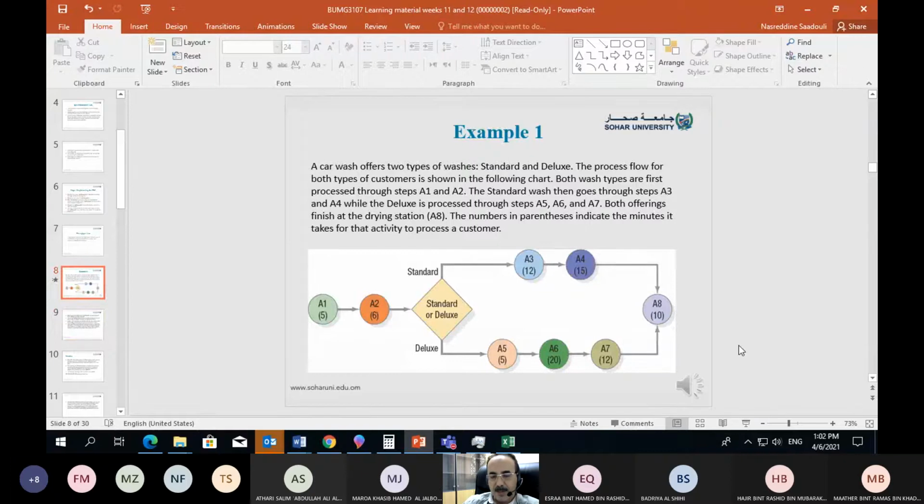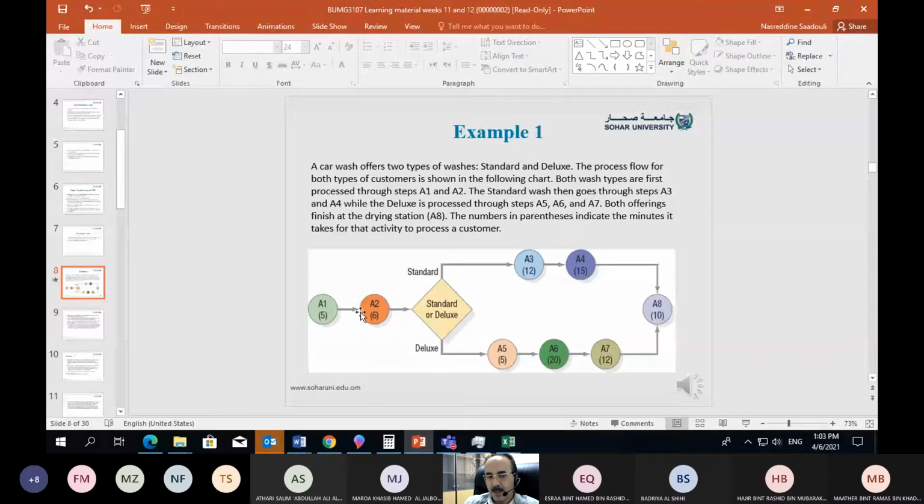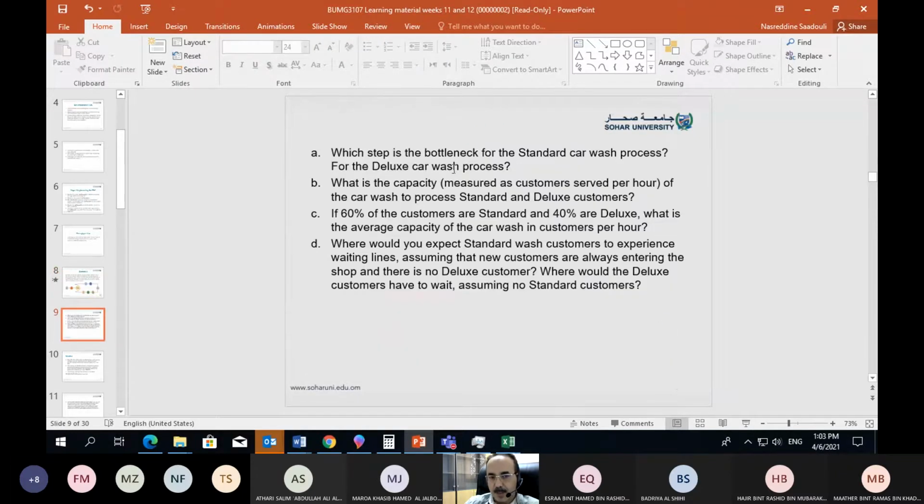Now, as I have mentioned earlier, if we take each one of these separately, okay, so we take the first path, which is the standard wash process, A1, A2, then A3, A4, and A8. Suppose we don't have any cars that are going through the deluxe option. All right.